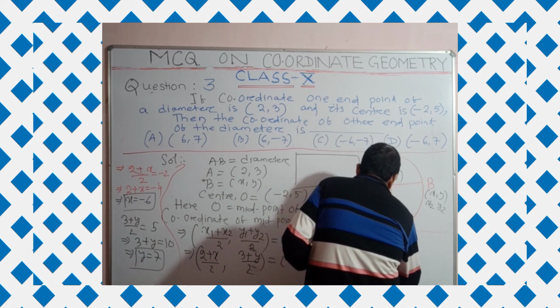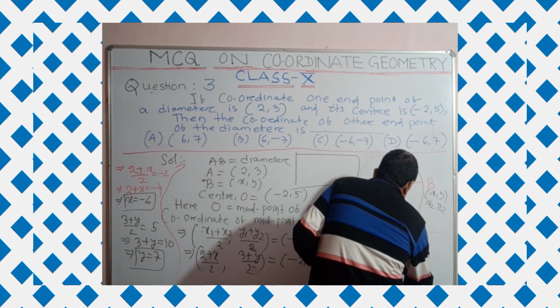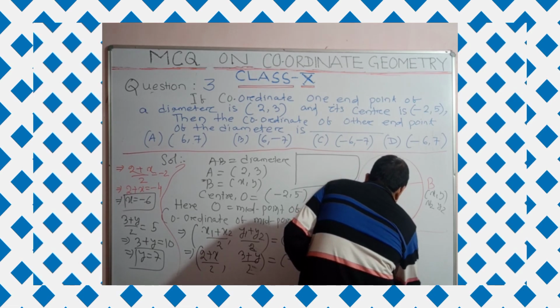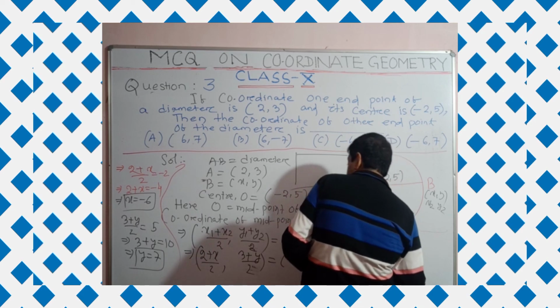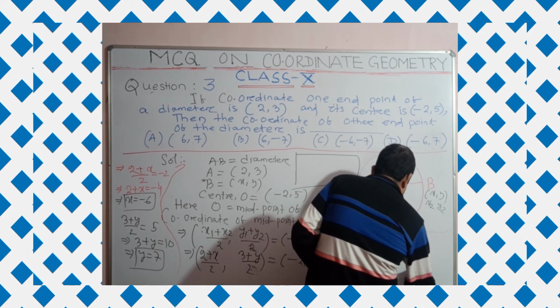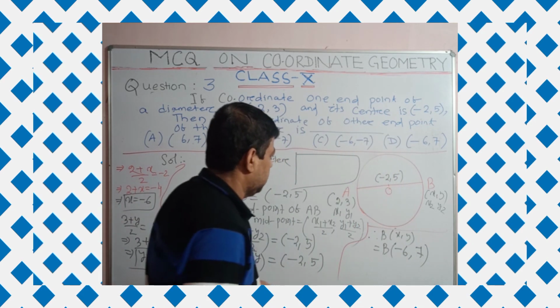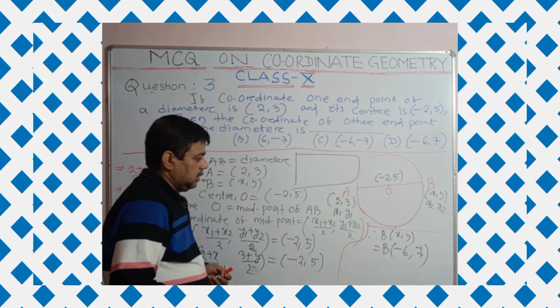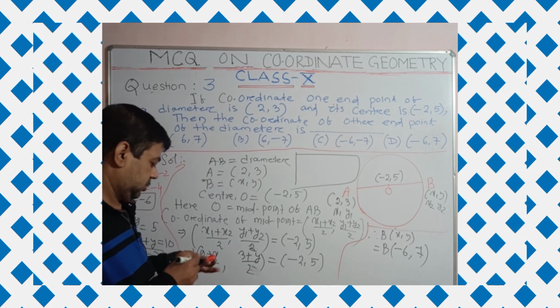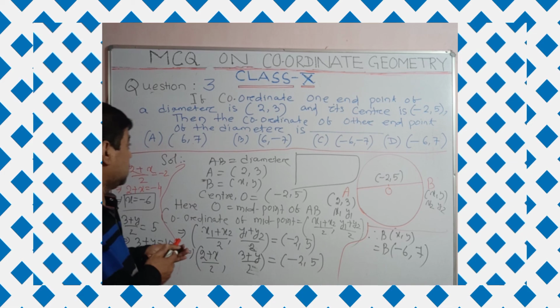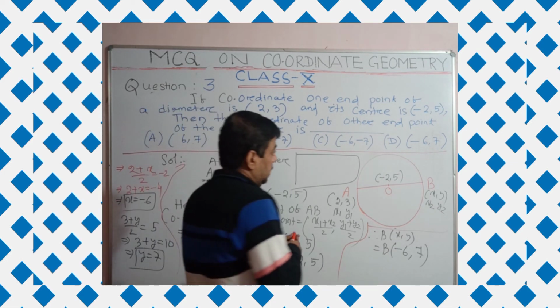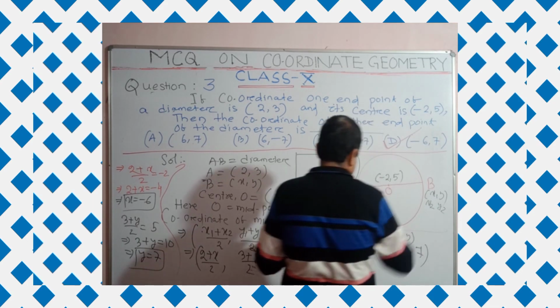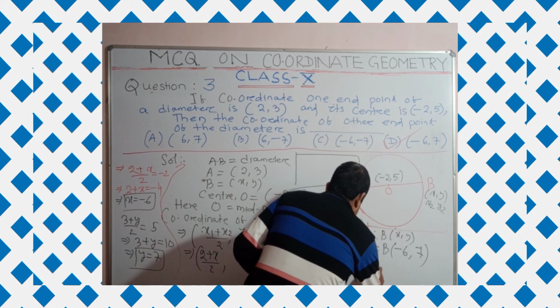The coordinate of B is (x, y), where the x value is -6 and the y value is 7. So the coordinate of the other end of the diameter is (-6, 7). Which is the correct option? Option D is the correct option.